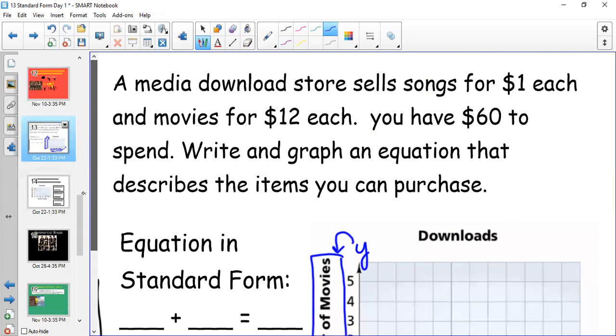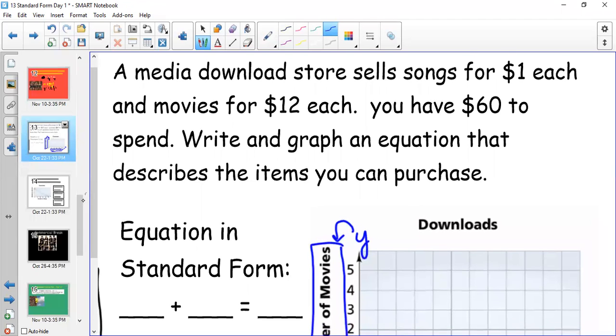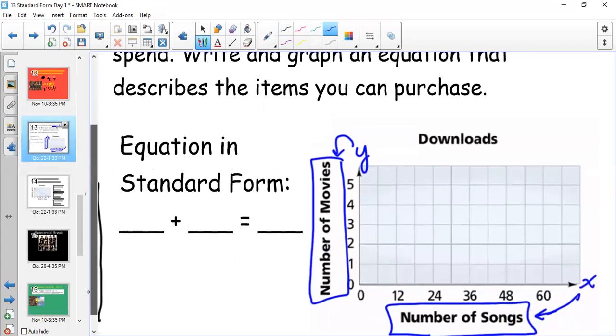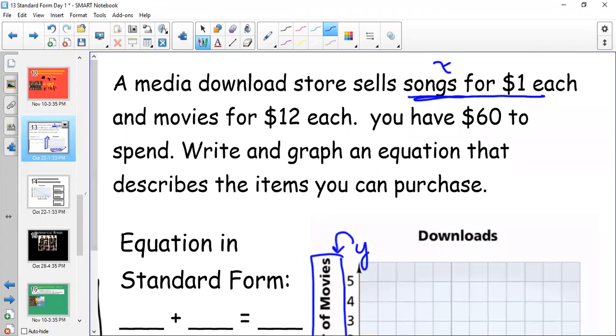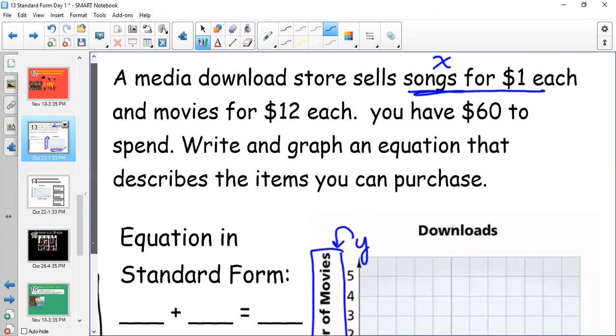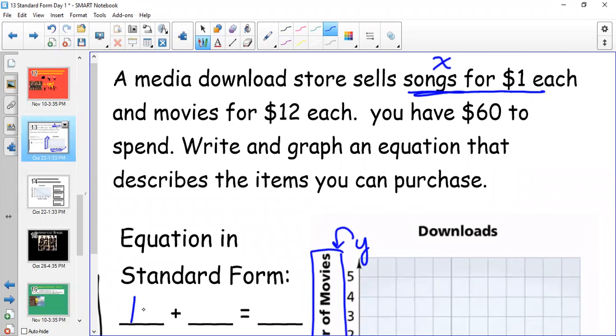Okay, so up here, a media download store sells songs. Songs, again, if I look down at my graph, songs is our x, for $1 each. Okay, so if I'm writing this in standard form, I have 1x, plus we have movies. Movies again was our y-axis. So we have y there.